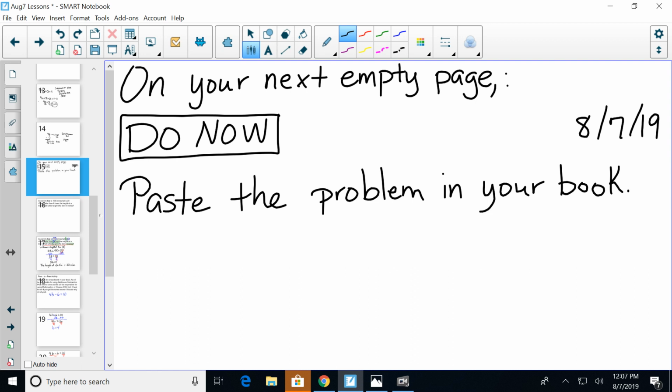All right, are we all glued in? So take the other slip of paper that I gave you. We will not get to that today. So you can just put that in your 3-prong folder, in the pocket section.